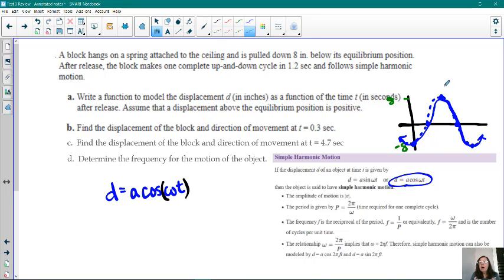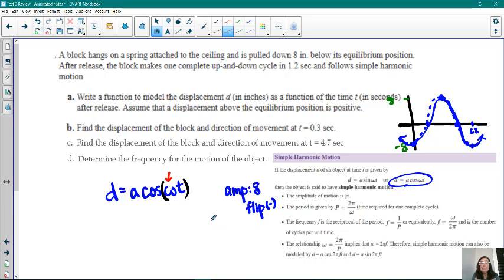All right, so this all happens in 1.2 seconds, so let's keep that in mind as well. We have an amplitude of 8, but it is flipped, so we will remember to put a negative sign in there. Then we want to think about how long this takes to happen, because that is going to influence what omega is.